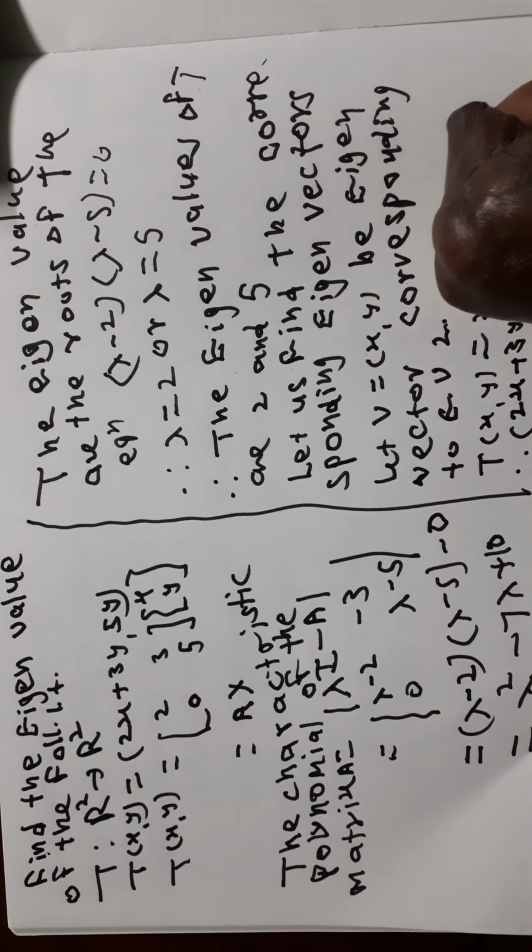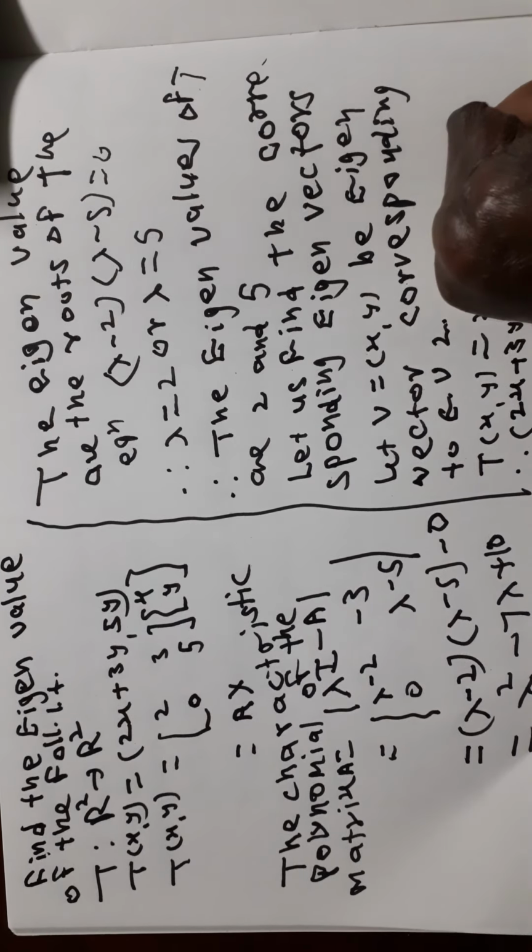Therefore 2x + 3y is equal to 2x. This is equation number 1.